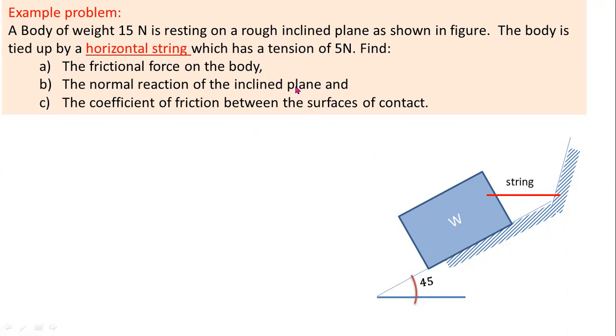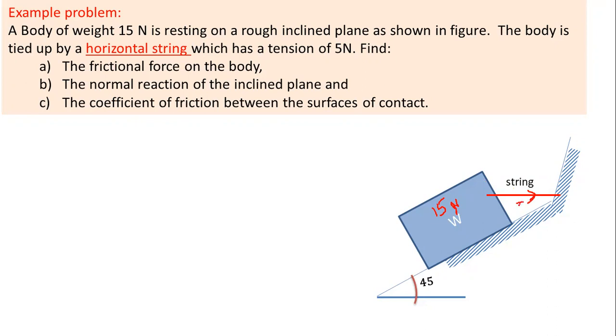From this question, first of all, you have to identify the given values. Here the self weight of the block is given, that is W equal to 15 newtons. And the tension in the string is given. We already know that the tension always acts along the string.